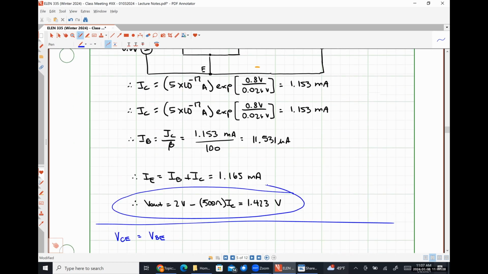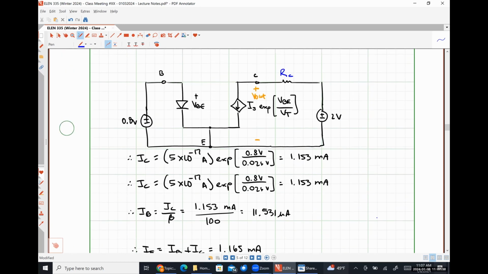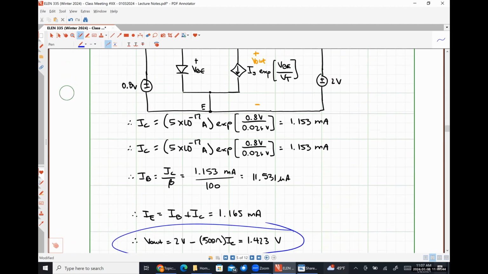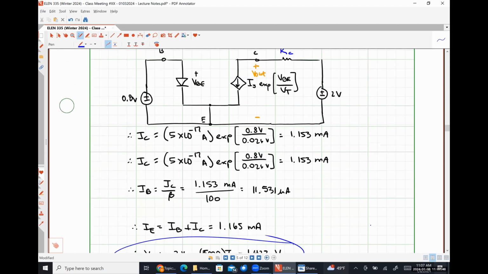right here in a sense, because we know that IC, our collector current, is dependent on VBE.